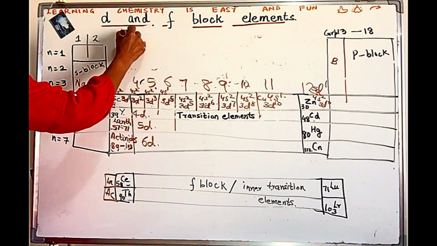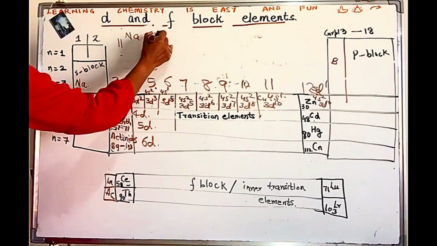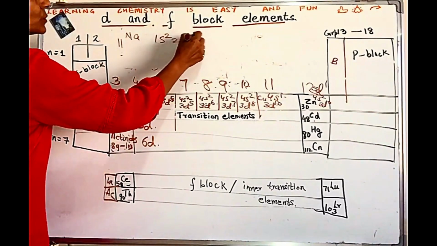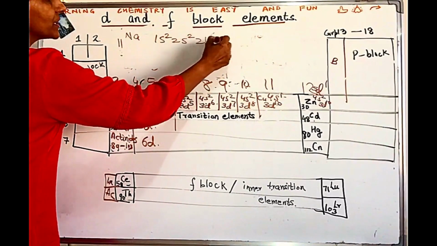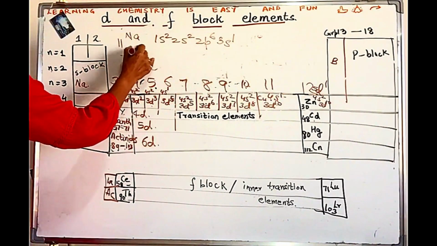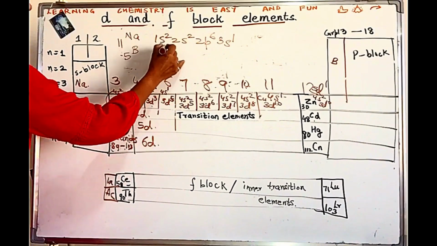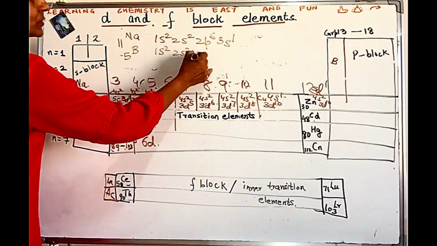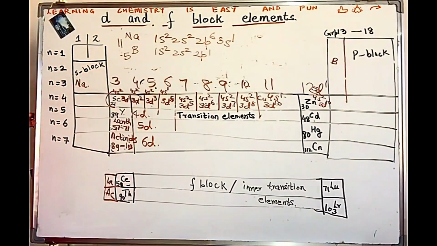So we wrote the electronic configuration of sodium: 1s2, 2s2, 2p6, 3s1. Correct? Boron, atomic number 5, we wrote 1s2, 2s2, 2p1.